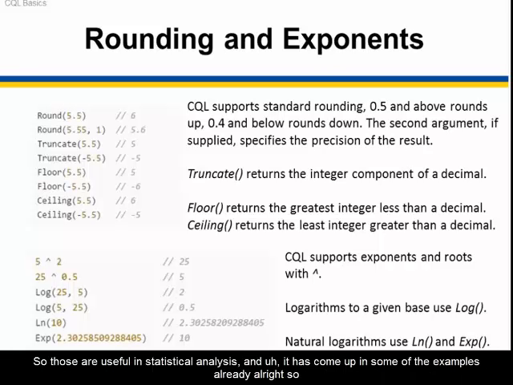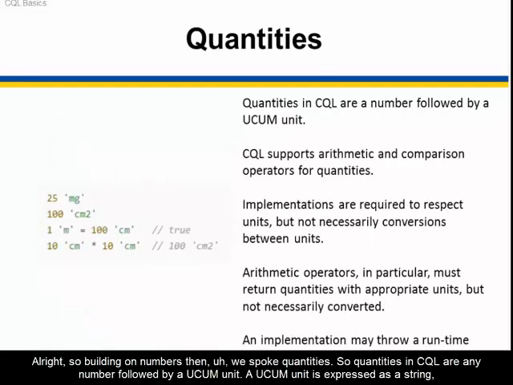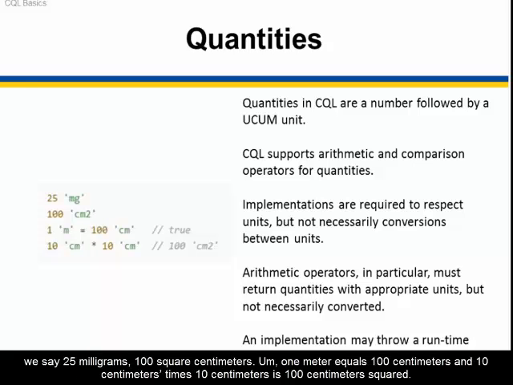Those are useful in statistical analysis, and those have come up in some of the examples already. All right, building on numbers then, we support quantities. Quantities in CQL are any number followed by an eCQM unit. An eCQM unit is expressed as a string. So we say 25 'milligrams', 100 'square centimeters'.